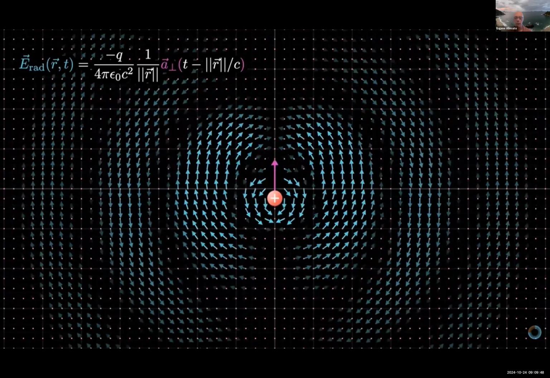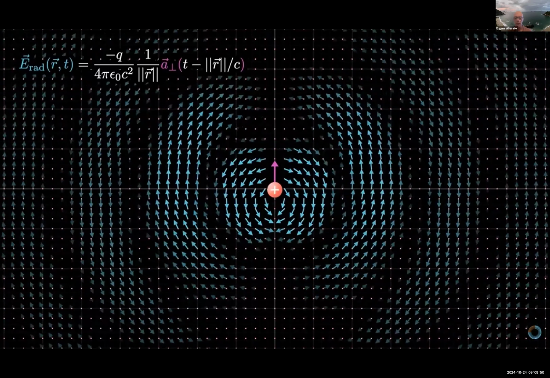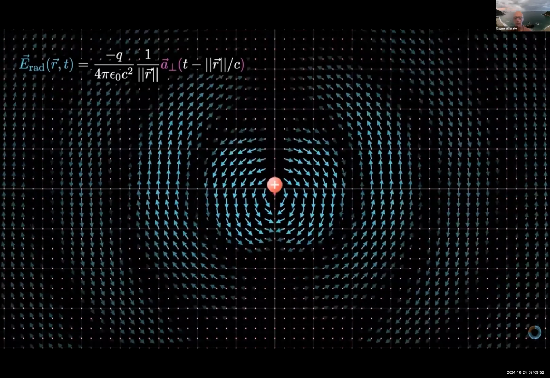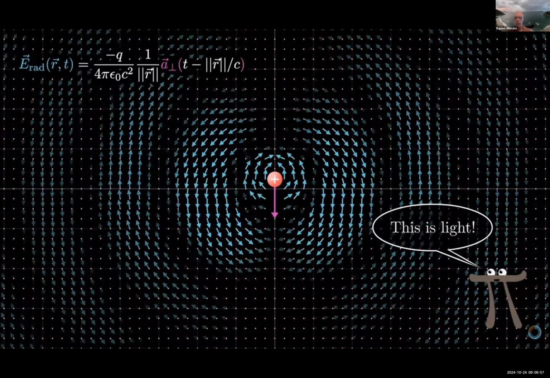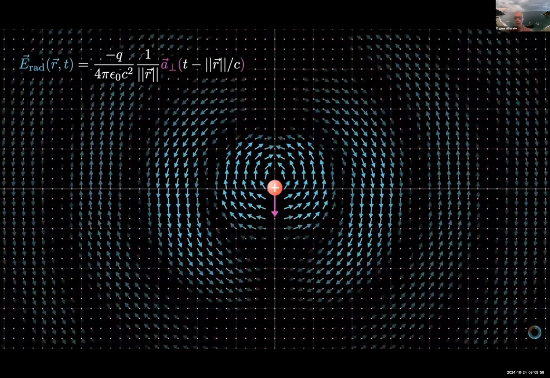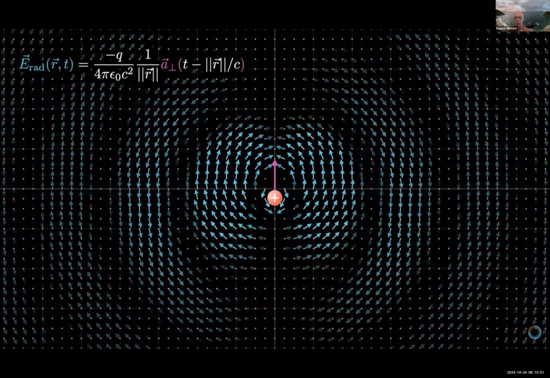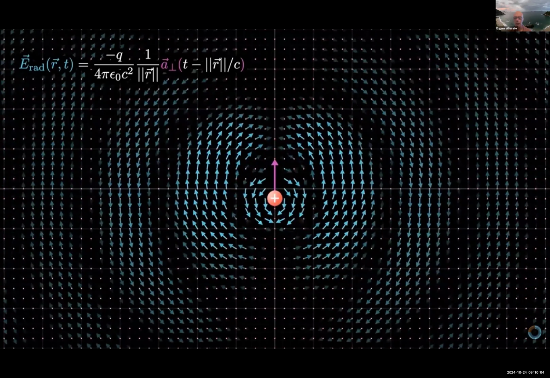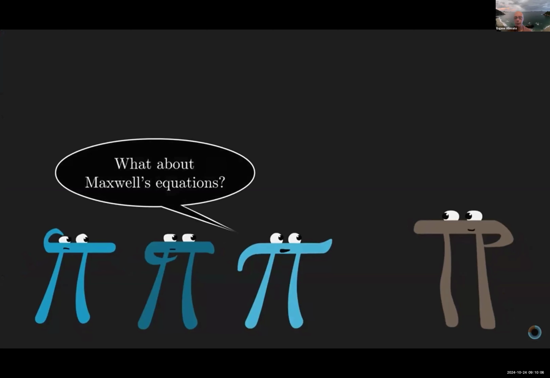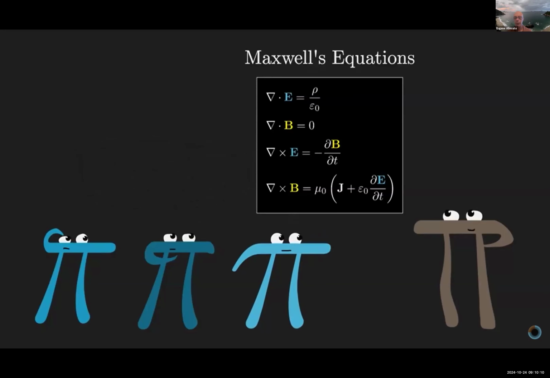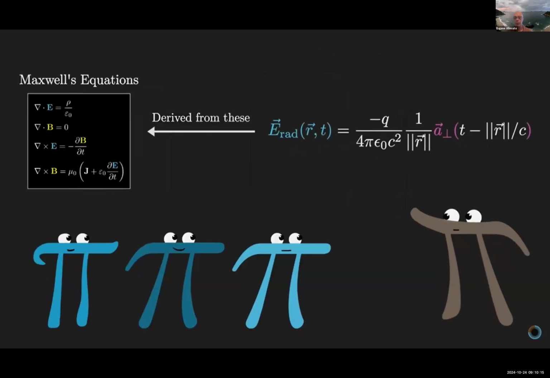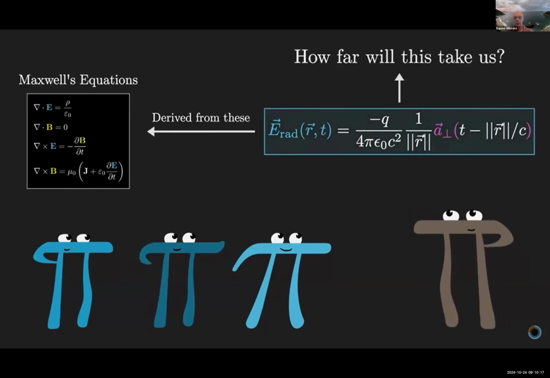And for many of the vector fields I'll be showing, the intensity of the field is illustrated with the opacity of each little vector. This radiating influence is light, or more generally, electromagnetic radiation, including things like radio waves and X-rays and all that good stuff. As a side note, you sometimes see this propagation described a very different way that puts the fields front and center, using what are known as Maxwell's equations. For our purposes, I want to focus just on this one law and show just how far it can take us when it comes to intuitions for light.